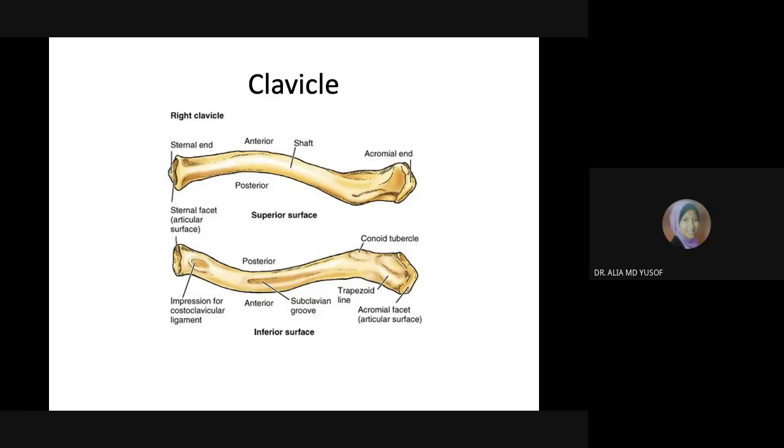So kalau kita fracture the clavicle, dia akan disengage the upper limb. So patient automatically tak boleh gerakkan upper limb on that side, because this is a very painful fracture and it's very easy to fracture.